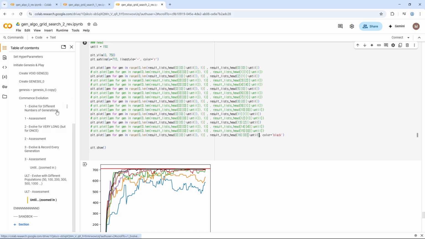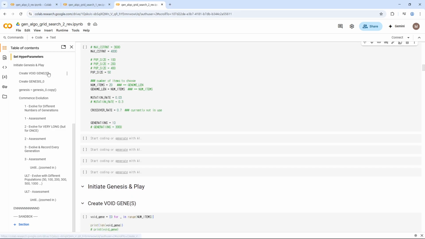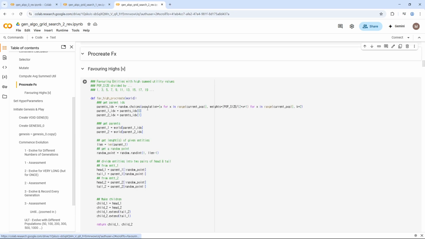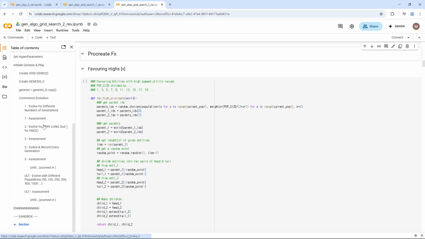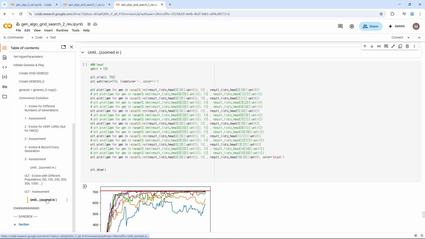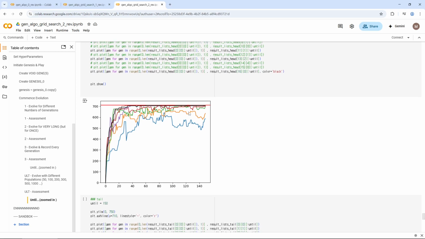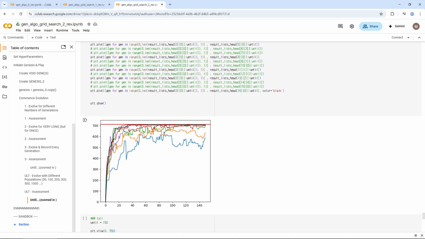And we're not even using the procreate function, the Lonely Island procreate function, where the top entity per generation gets to survive, no questions asked, by replicating itself or being passed on in its entirety. But that's not the case here. But even considering that, the black line just stays there. Sometimes it's 705 or 700, sometimes it's 710, but it's still there.